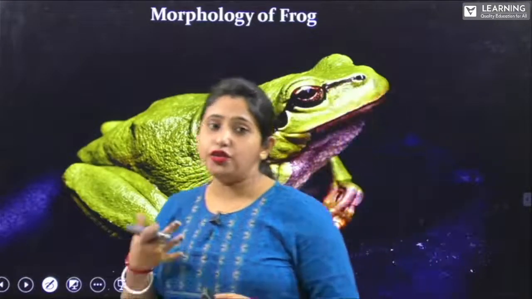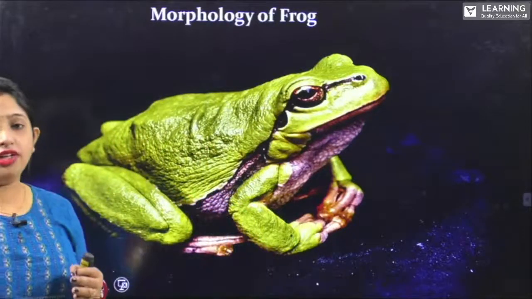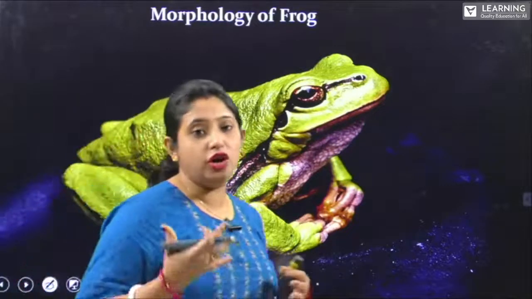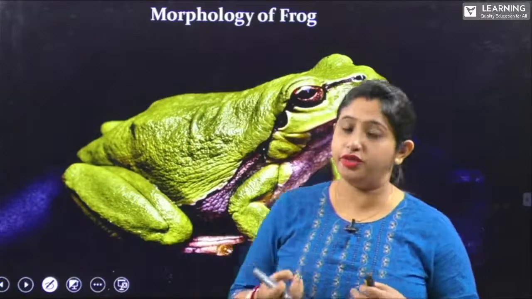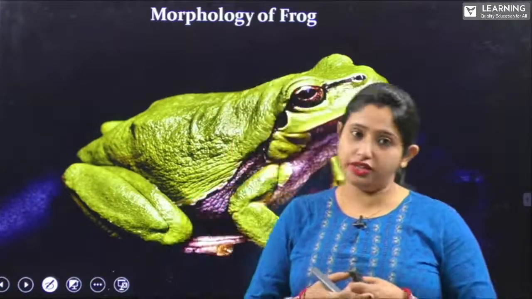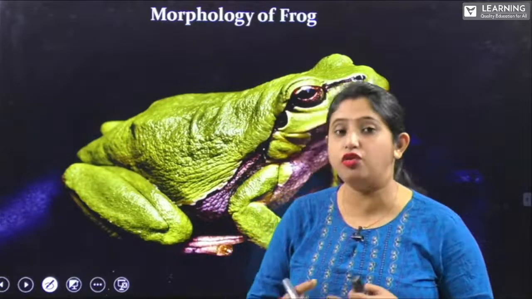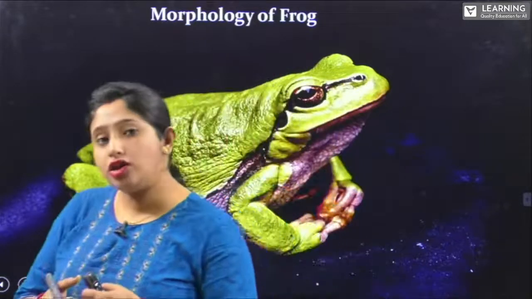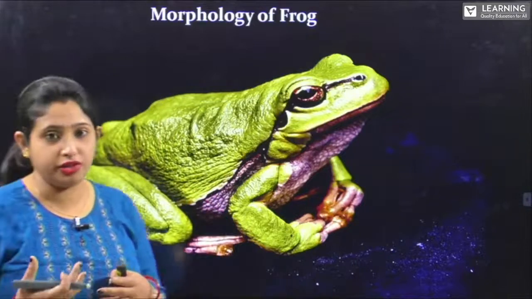Yes, so frog. We have already learned about the frog in the phylum Amphibia, right? We learned about this in chapter number 4, the phylum Chordata, where you learned that frogs come under Amphibia.